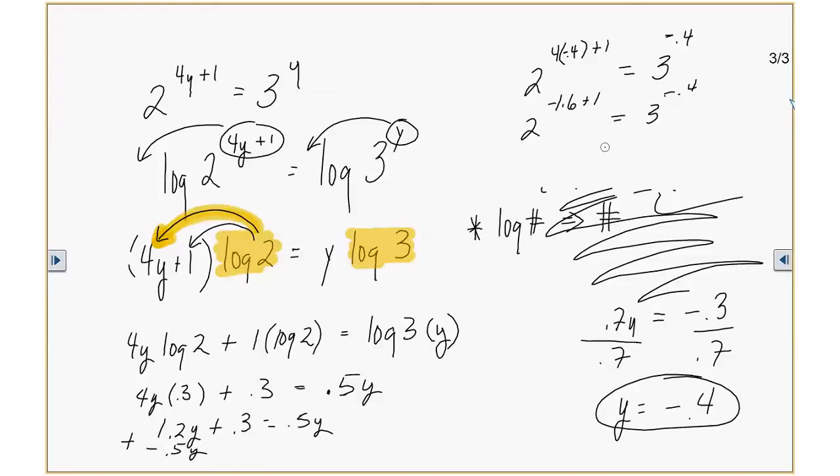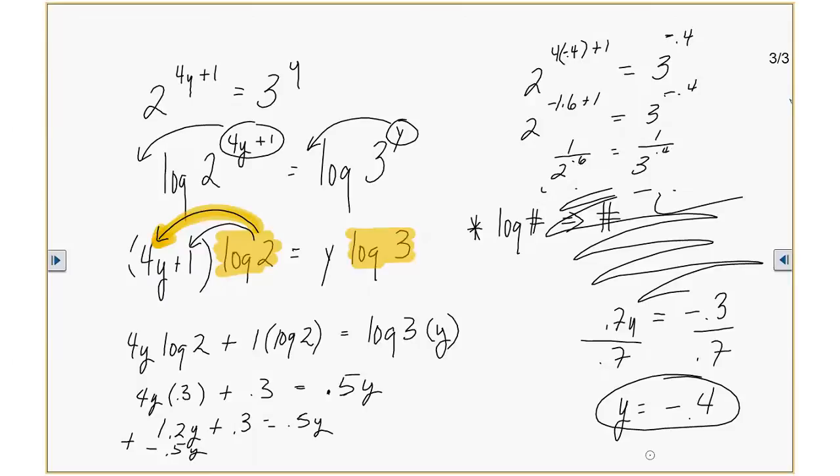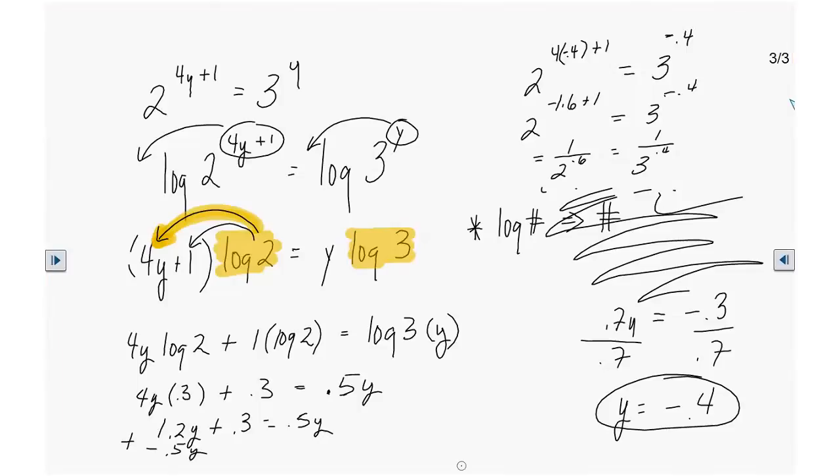Negative 1.6 plus 1 is negative 0.6, so that'd be 1 over 2 to the 0.6 is equal to 1 over 3 to the 0.4. And what's 1 over 2 to the 0.6? 1.5. And what's 1 over 3 to the 0.4?